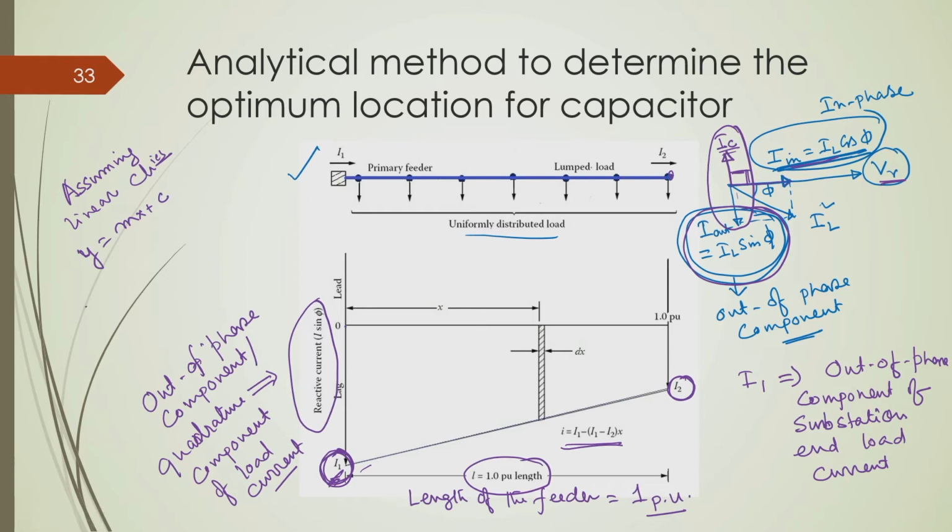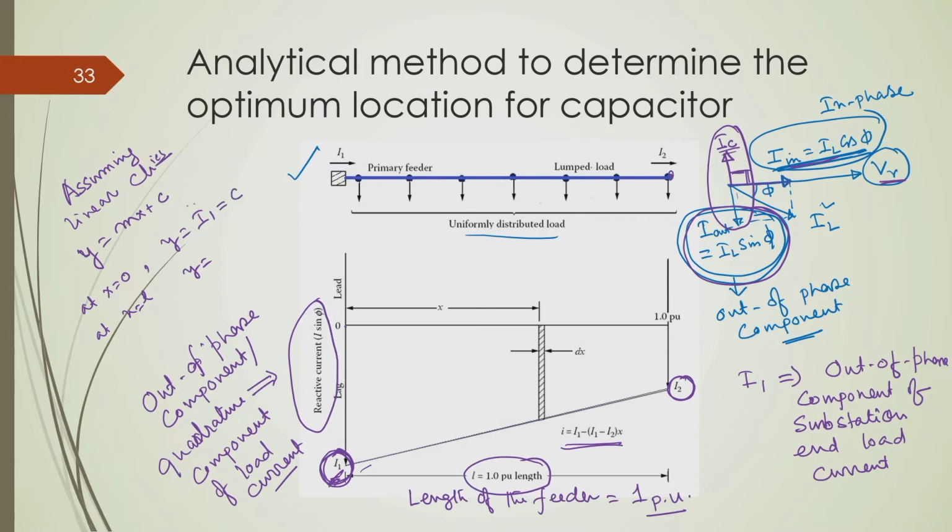So, at x equals 0, y is equal to I1, and at x equals L, y is equal to I2.